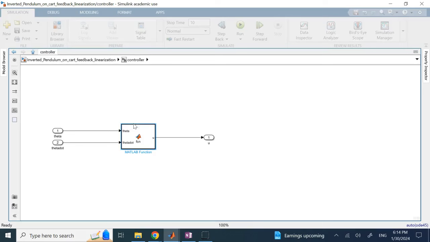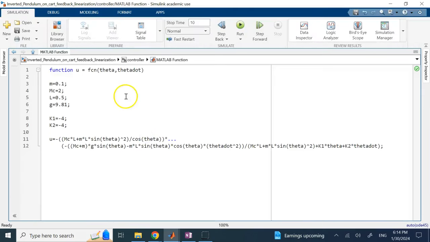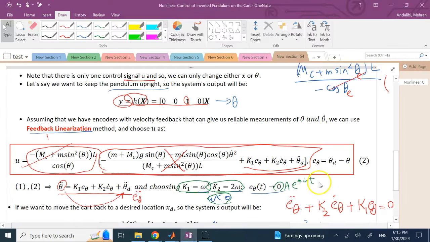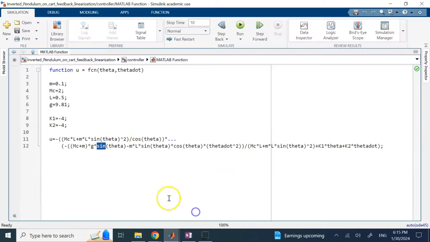And if you look at the controller, you see that theta and theta dot come in, and U is exactly calculated here based on that equation 2 that I showed you. And these are the gains, of course, with a negative sign. And the reason is here I'm using theta and theta dot instead of E theta and E theta dot. Okay, if you want, you can have E theta and E theta dot.